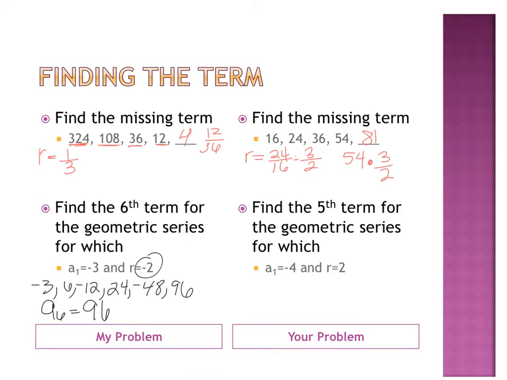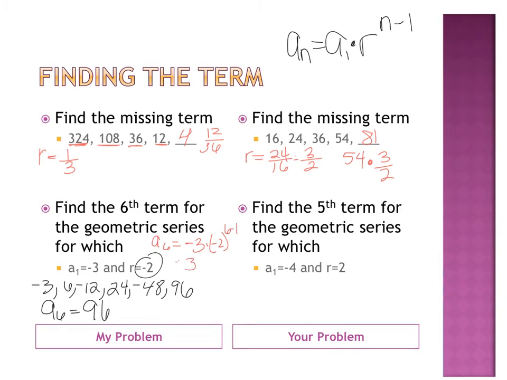Now, could I have used the formula to do that? Remember, my formula was an equals a1 times r to the n minus 1. So a6 is, what's my a1? Negative 3 times negative 2 to the 6 minus 1 power.